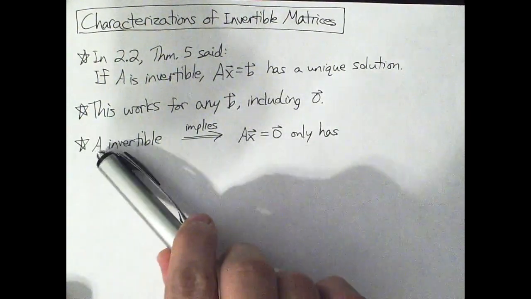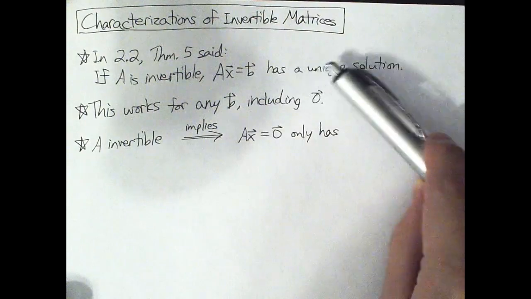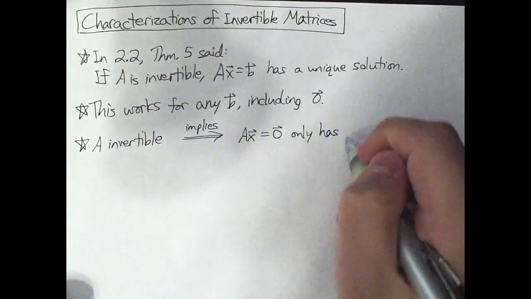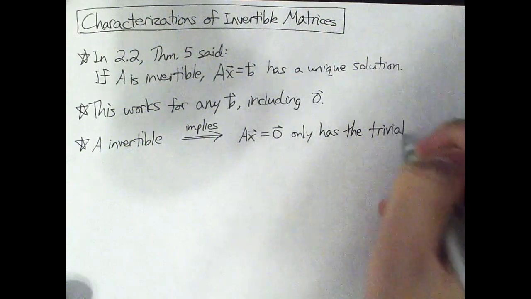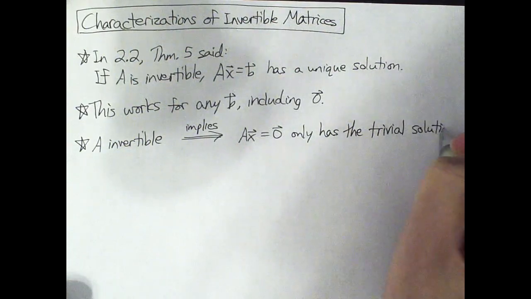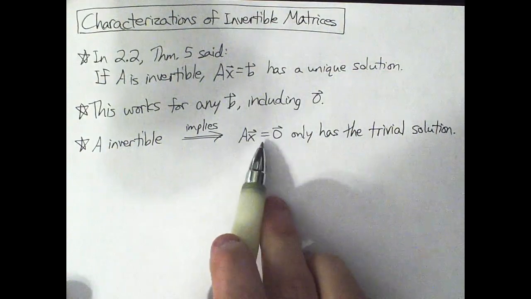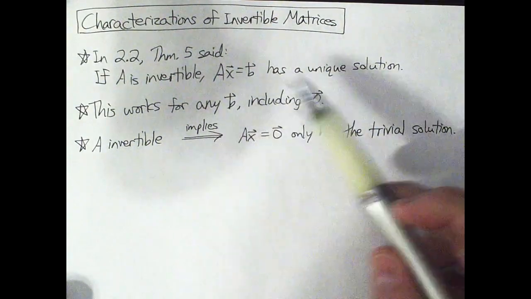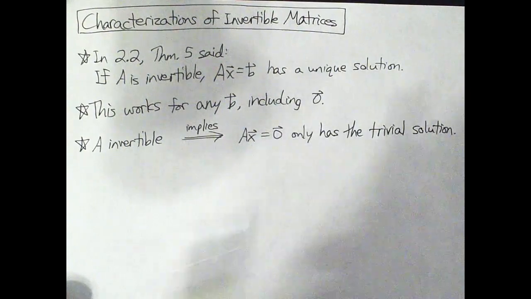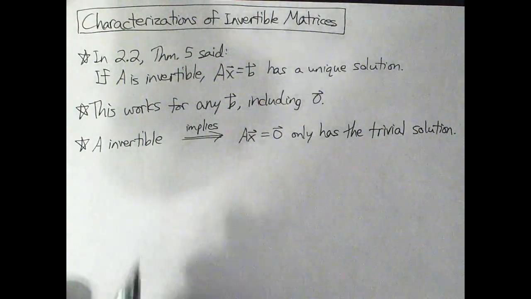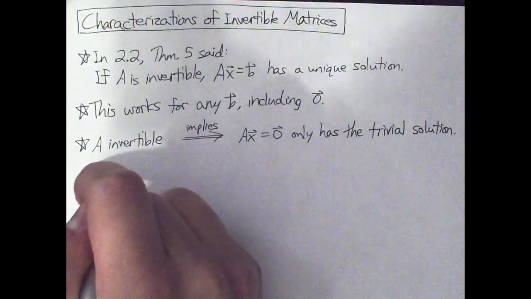Now we're saying if A is invertible, it has a unique solution, which means it only has the trivial solution. Makes sense, right? We know it has the trivial solution. We know that it has a unique solution. Therefore, it only has the trivial solution. That's if A is invertible.